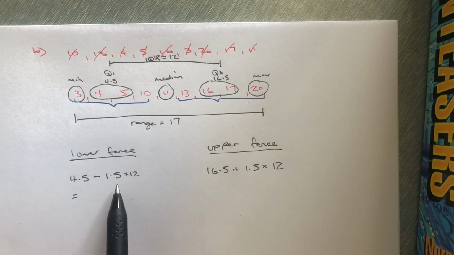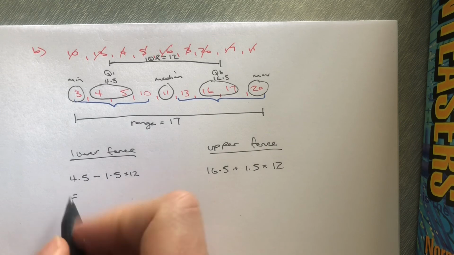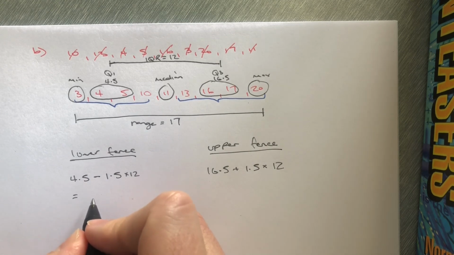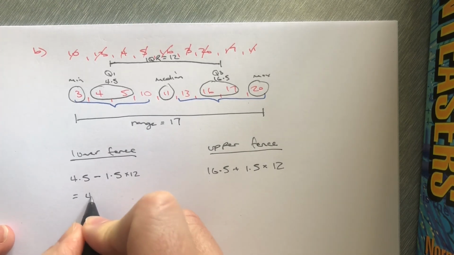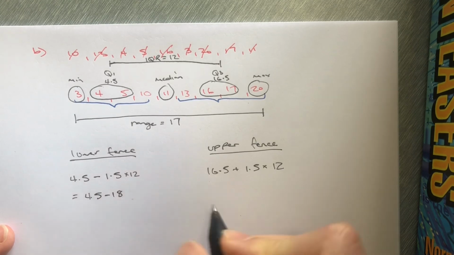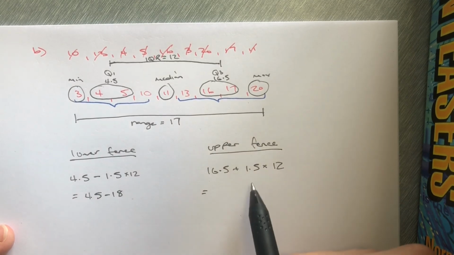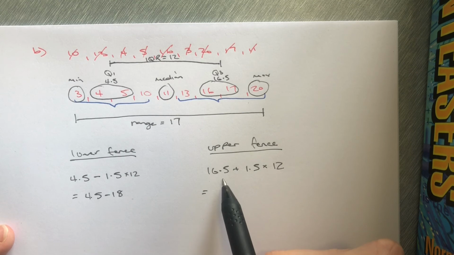Okay, so that's going to be 18. 4.5 minus 18. And this one over here is going to be 16.5 plus 18.